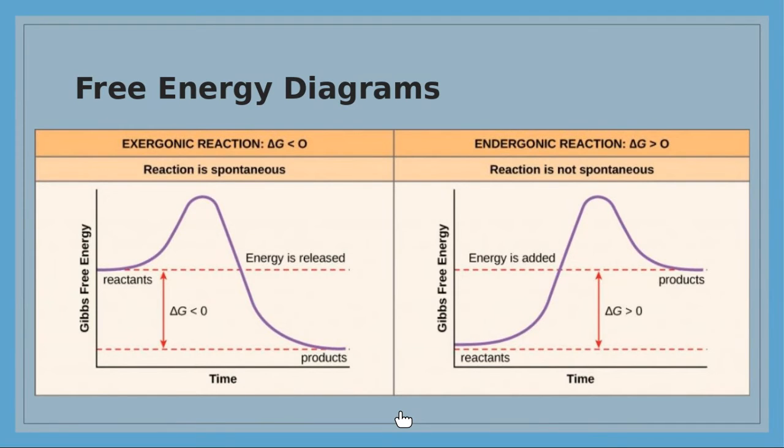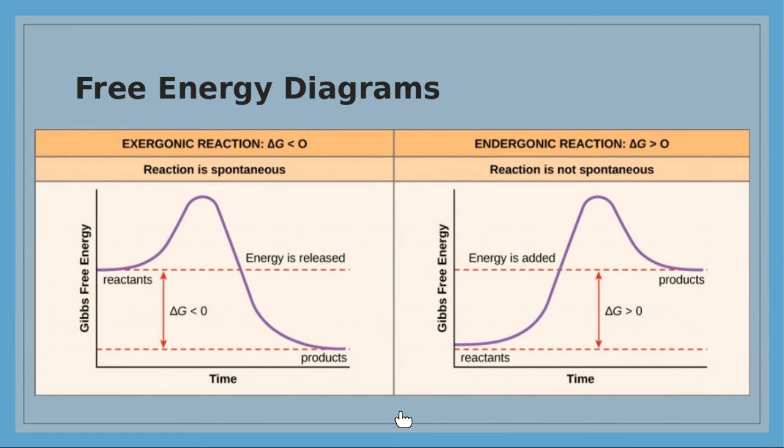So we drew the free energy diagram, spontaneous, non-spontaneous, exergonic, endergonic, positive or negative delta G, that sort of thing. So if you can do that for both catabolic and anabolic pathways, then you should be perfect for this exam as far as metabolism goes. That's how I would recommend studying for it.